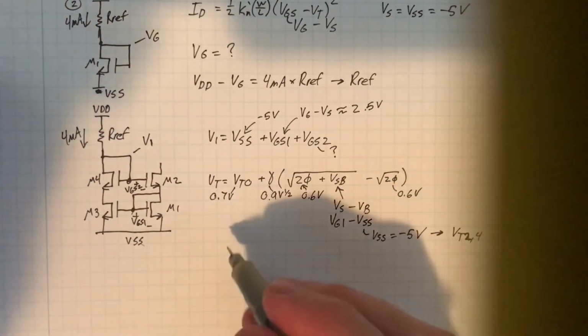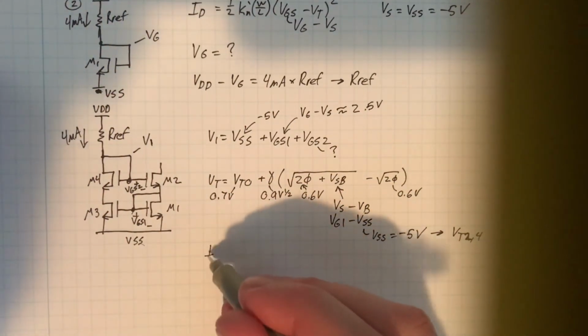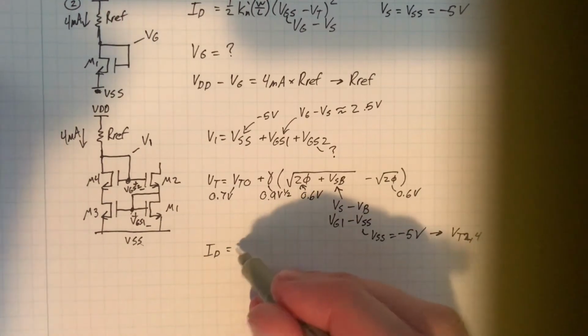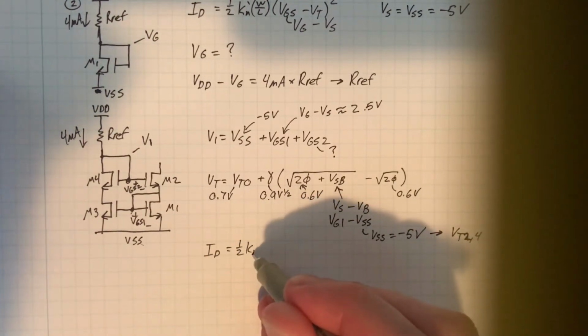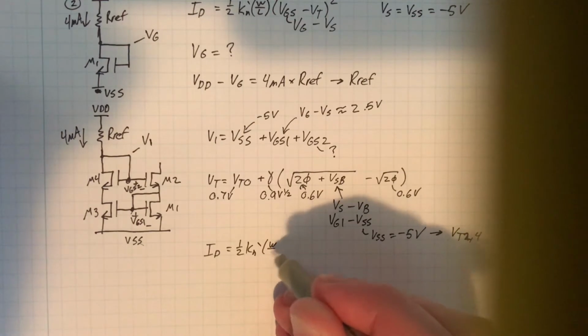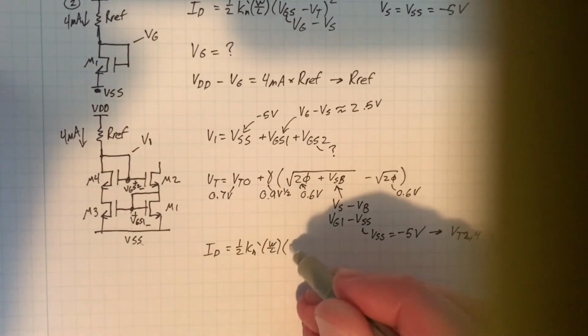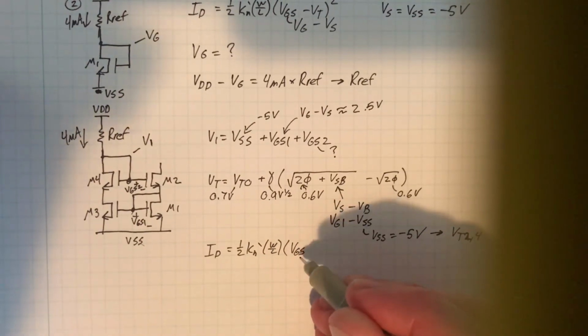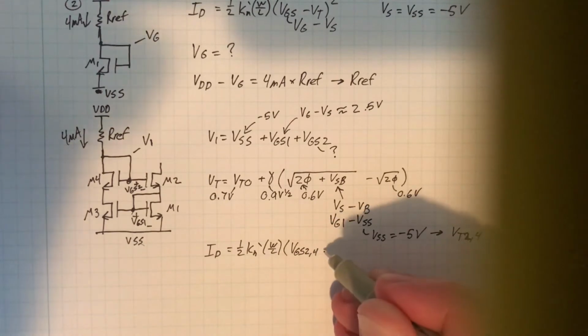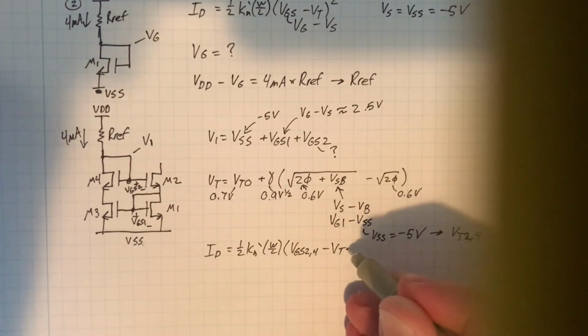So go back to the saturation equation. ID is equal to 1/2 Kn prime W over L times VGS 2,4 minus VT 2,4.